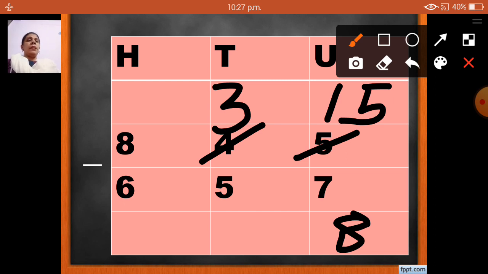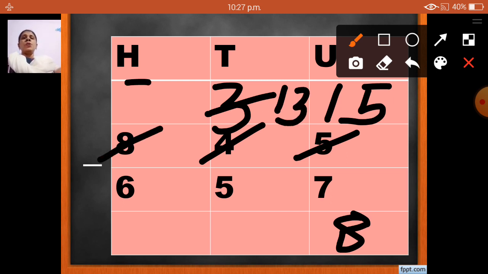Okay, now 3 and 5. So 3 is also a smaller number, so it cannot be subtracted from 5. So we will cut this 3, we will make it as 13. And where did I get this 1 from? I borrowed from 8. So 8 will become 7. So 13 minus 5 is, after 5, 6, 7, 8, 9, 10, 11, 12, 13.